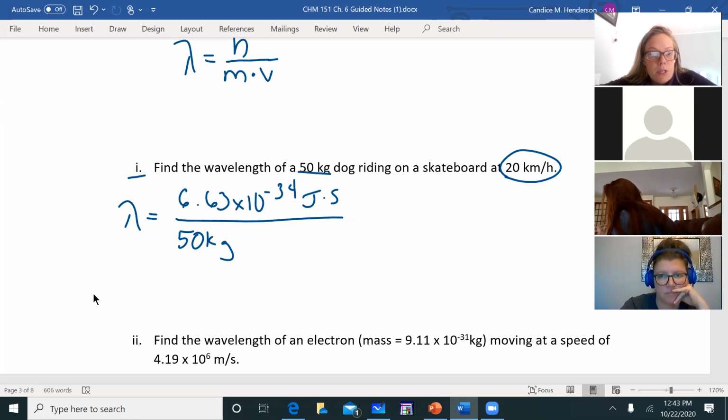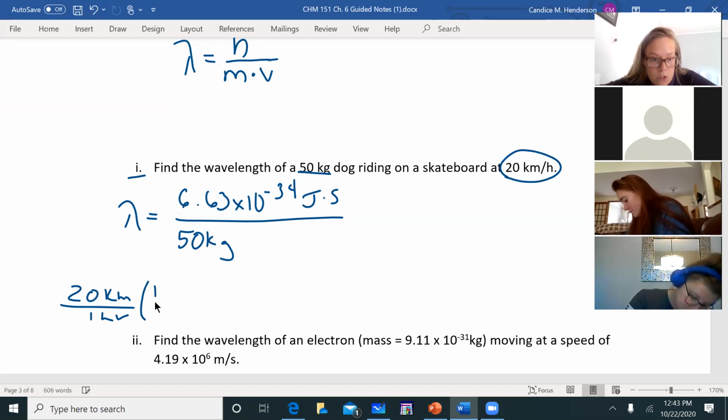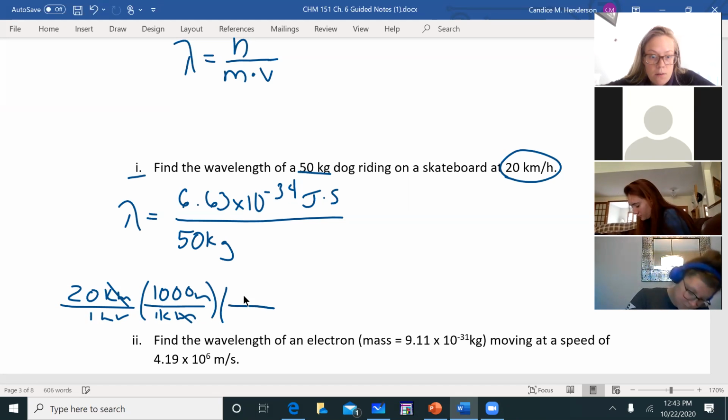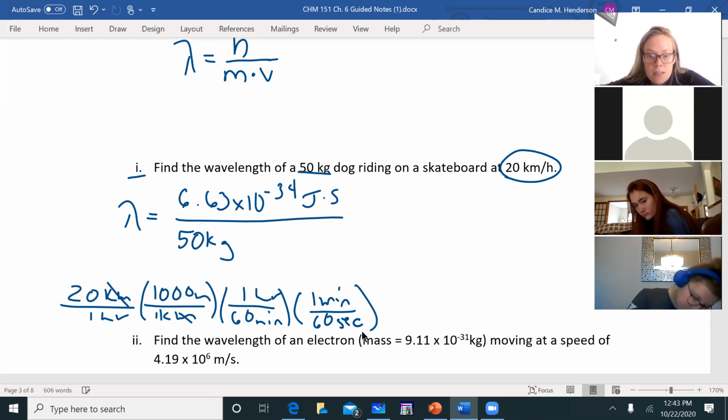So if we've got 20 kilometers for every 1 hour, and I want to change this into meters, because we're over kilometers, put kilometer down there, that'll cancel there. And then we're going to change our hour. For every 1 hour, we get 60 minutes, not quite far enough. So for every 1 minute, we get 60 seconds.